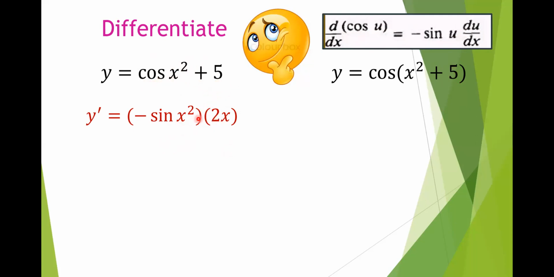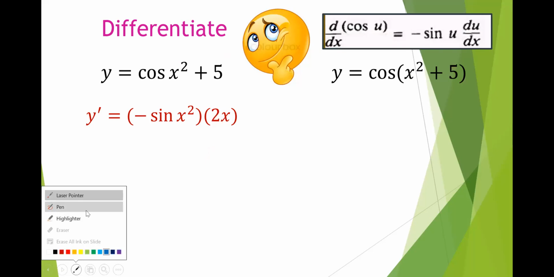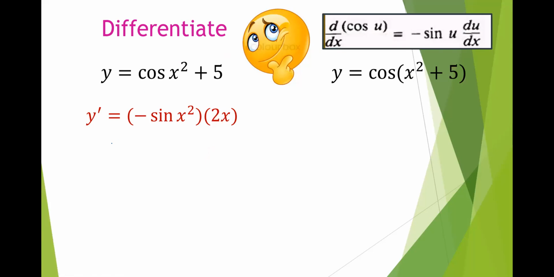Tapos, this is for the derivative of this, plus this first term. What about the derivative of 5? 0. So, ibig sabihin, this is already sufficient. So, siya na yun. Okay. So again, another way of writing that answer is, let's get our pen. Another way of writing this will be negative 2x times sine x squared.